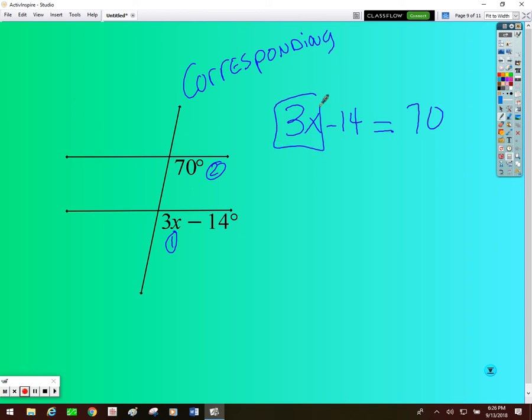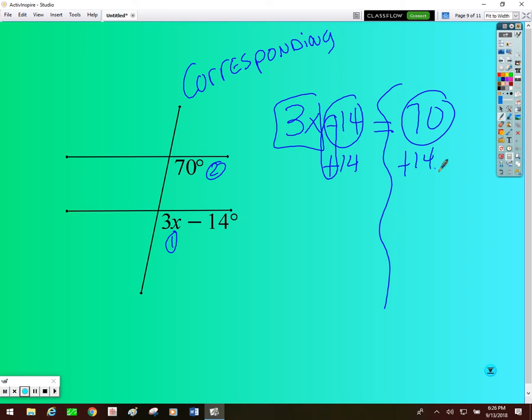All right, so box, circle, circle after I draw my river. Now watch this one. This is a different one than we've been doing. We've been having to subtract. Well, now look, now I'm taking away 14. So to move it, I have to add 14. Again, notice these two signs right here are different because I'm moving this number. So if I add 14, I have to add 14, right? Cross it out.